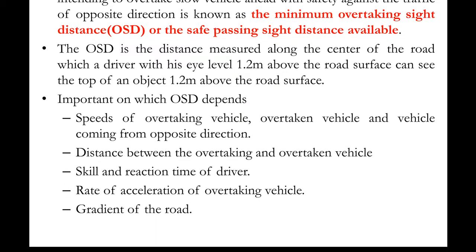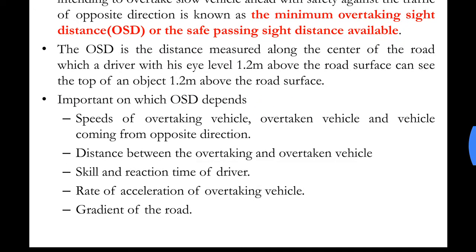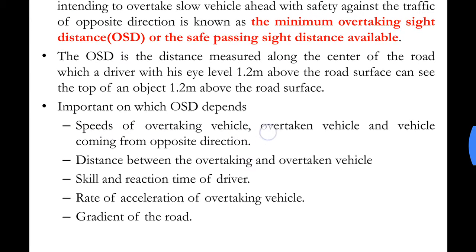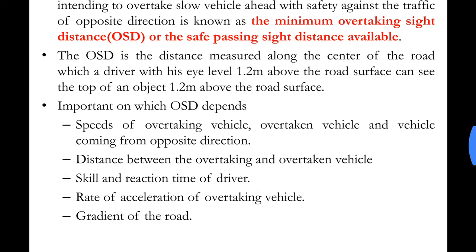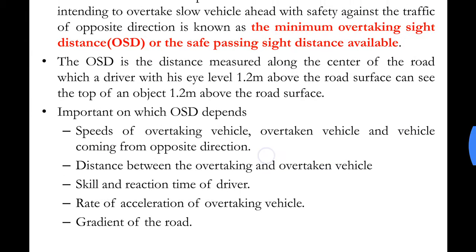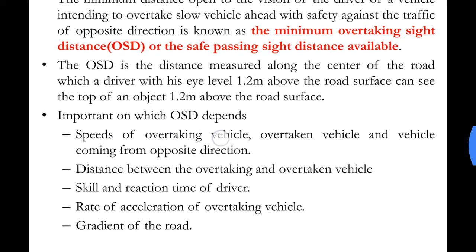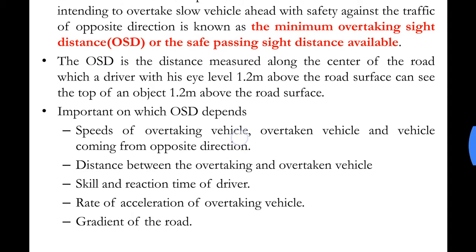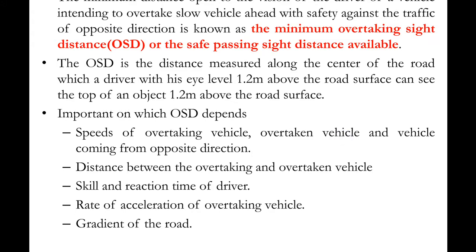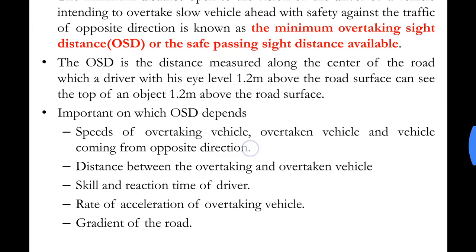Next, the factors on which the OSD depends: speed of the overtaking vehicle, overtaken vehicle, and vehicle from the opposite direction. So there are three speeds coming into play: the speed of the overtaking vehicle, which is nothing but the design speed of the road; the speed of the overtaken vehicle, which is the speed of the vehicle traveling at a slower speed as compared to the design speed; and the vehicle coming from the opposite direction.